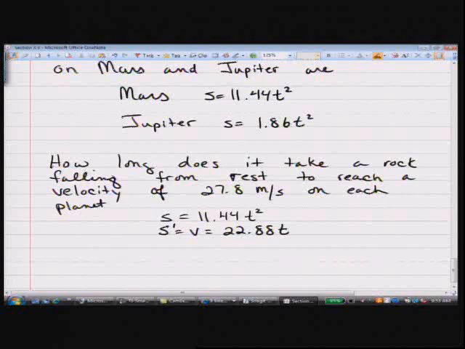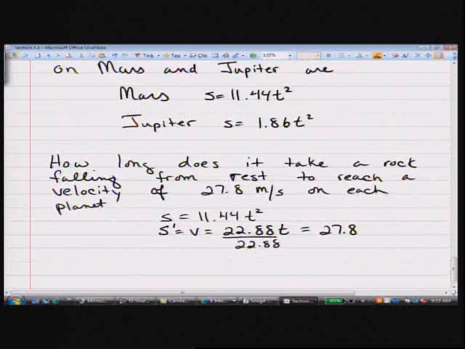And then the question is, how long will it take? All we have to do is set this equal to 27.8 meters per second and solve for t. And we get t equals 1.219 seconds.